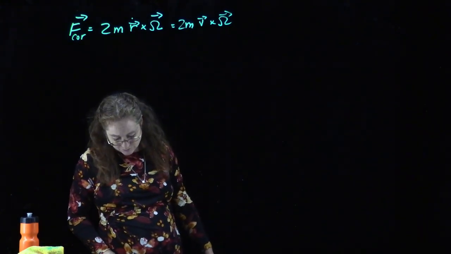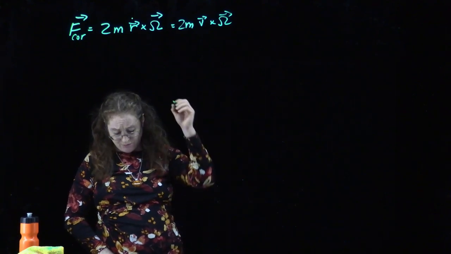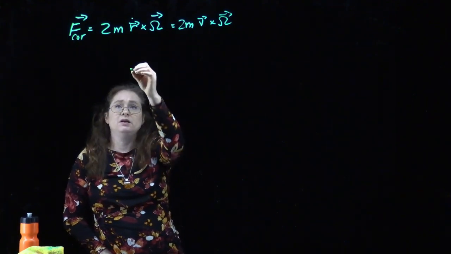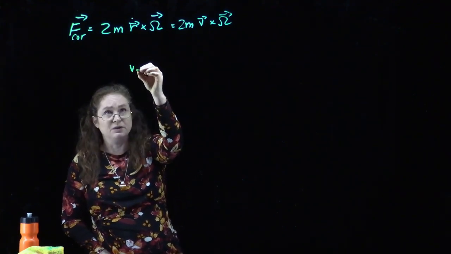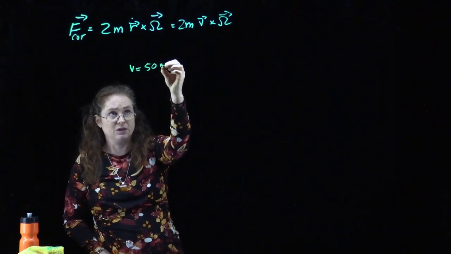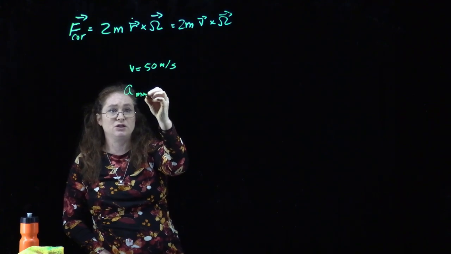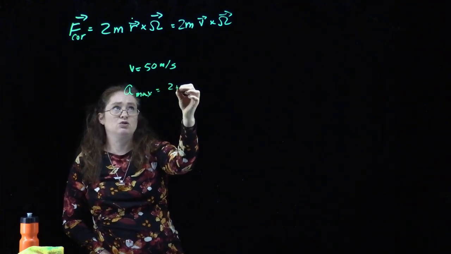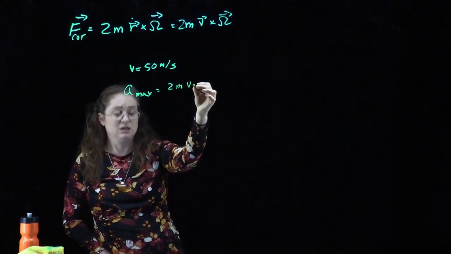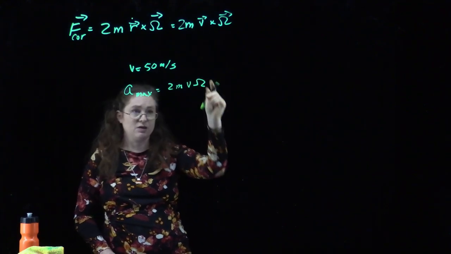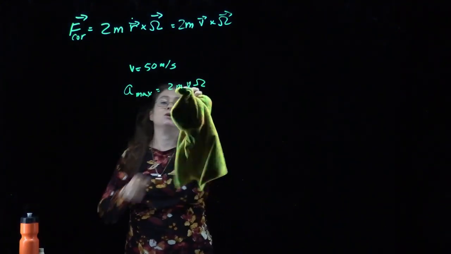And we can look at, for instance, the force on a baseball with a velocity of 50 meters per second. Then the maximum acceleration is going to be 2mv omega, or sorry, the max without the m, because we're talking acceleration.